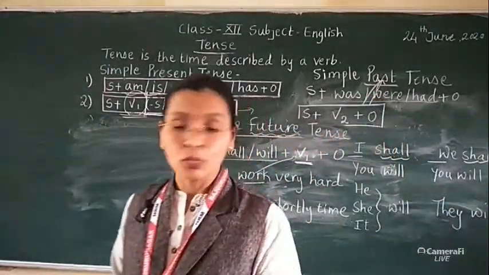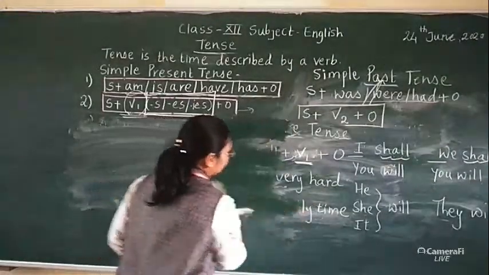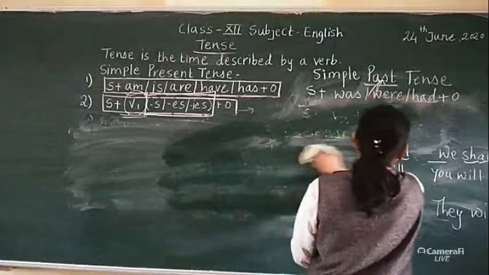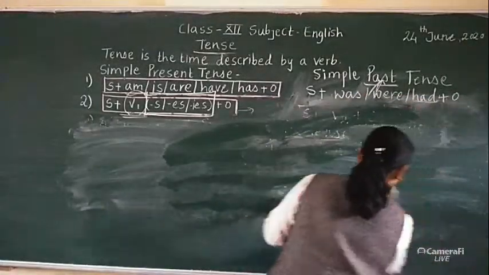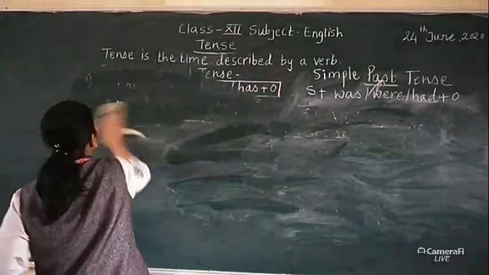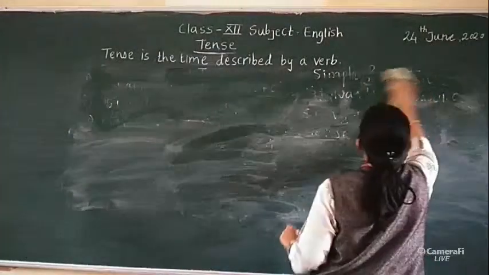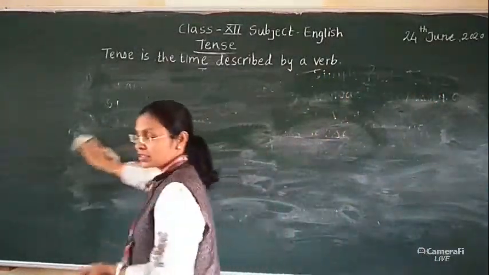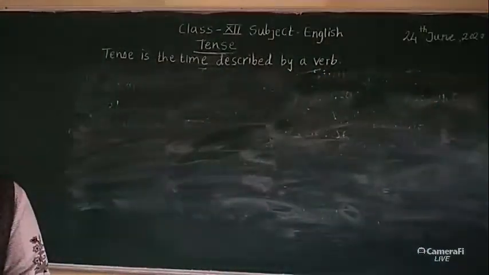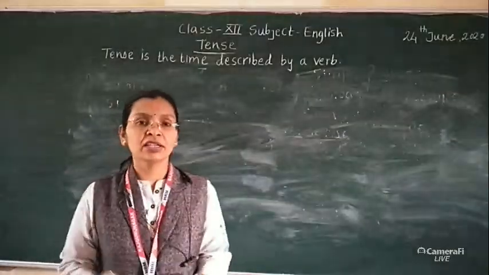Okay. Now we will start the continuous present tense. So continuous present tense means, the word continuous itself shows the action. I'll just explain here.